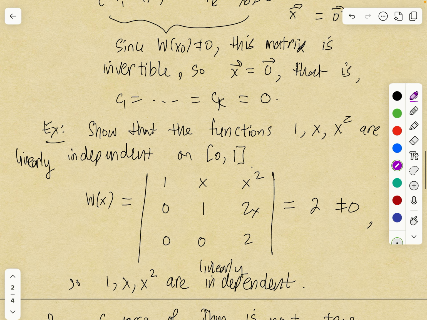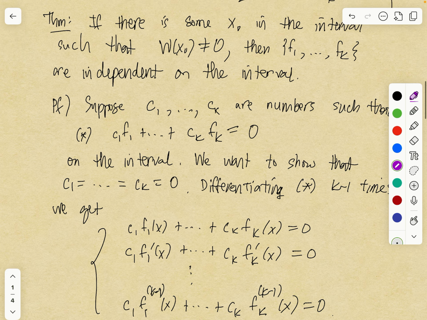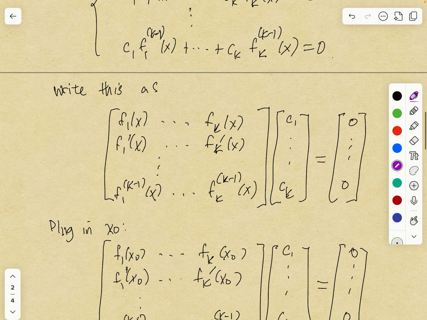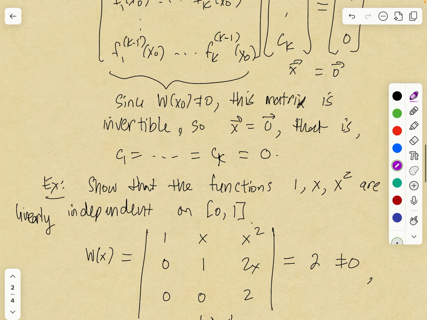So you have to be a little bit careful. This theorem gives you a sufficient condition. If you know that there's some x naught such that the Wronskian is not 0, that implies the functions are independent, but it's not a necessary condition. In practice, you rarely see the case where the functions are independent even though the Wronskian is 0.